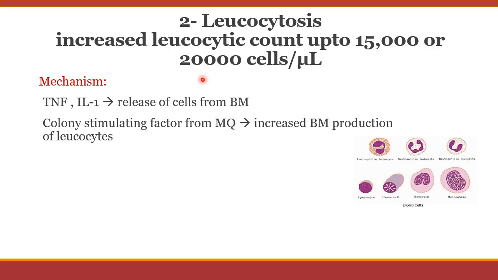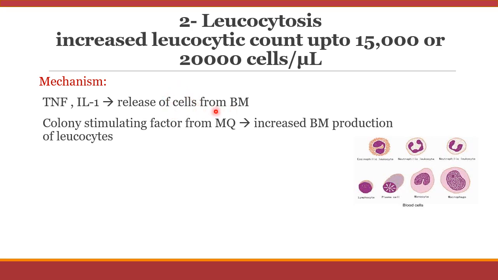It all depends on chemical mediators, again, that are released or produced at the site of the acute inflammatory response, the original site. Of those mediators, we have tumor necrosis factor and interleukin-1. Both of those will lead to release of cells from the bone marrow. The cells here, we mean the white blood cells from the bone marrow.